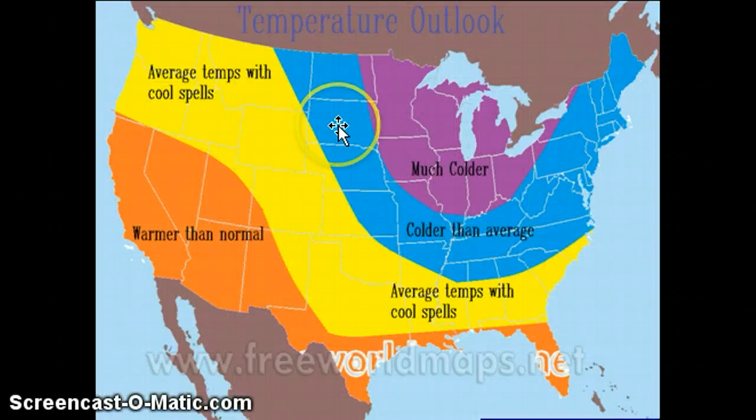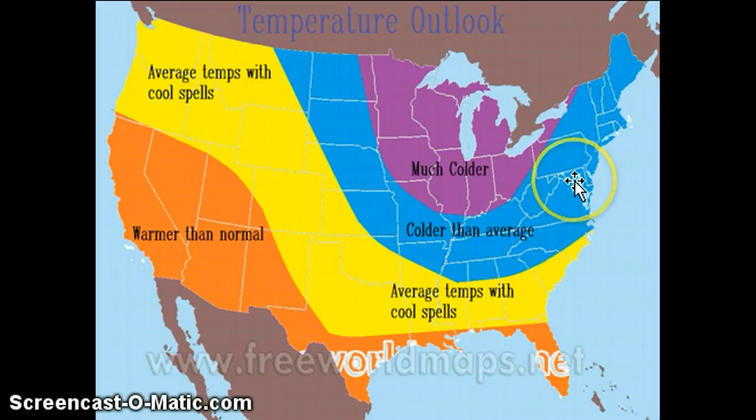Again, colder conditions in the upper Midwest, especially around the Great Lakes area: Chicago, Minneapolis, Green Bay, Detroit, Columbus, Ohio. Areas like that are going to be a lot colder than usual. And then the areas in the lighter blue are going to be colder, but not as cold as the Great Lakes region.